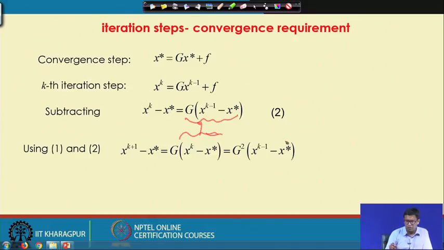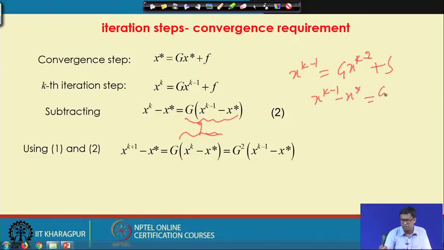Similarly, if we further write the (k-1)th iterative step as x_(k-1) equals G x_(k-2) plus F, and subtract them, we will get x_(k-1) minus x star is equal to G into (x_(k-2) minus x star).